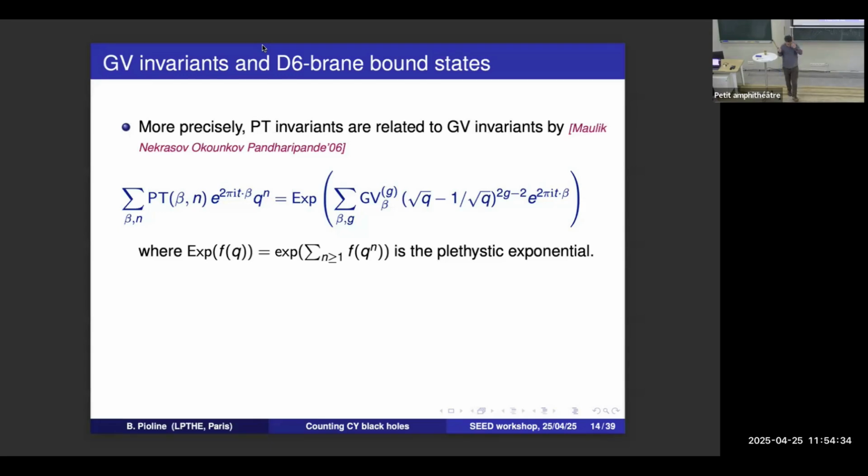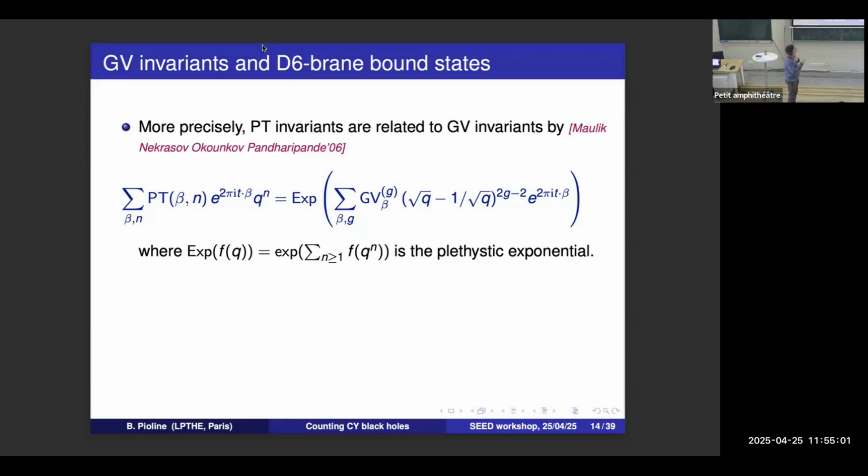The physical idea somehow again uses this lift from string theory to M-theory. Probably should spare you those kinds of details, but it's a very explicit formula which is however kind of non-perturbative in the string coupling. And the right-hand side here involves this plethystic exponential, I guess familiar to people working in combinatorics.